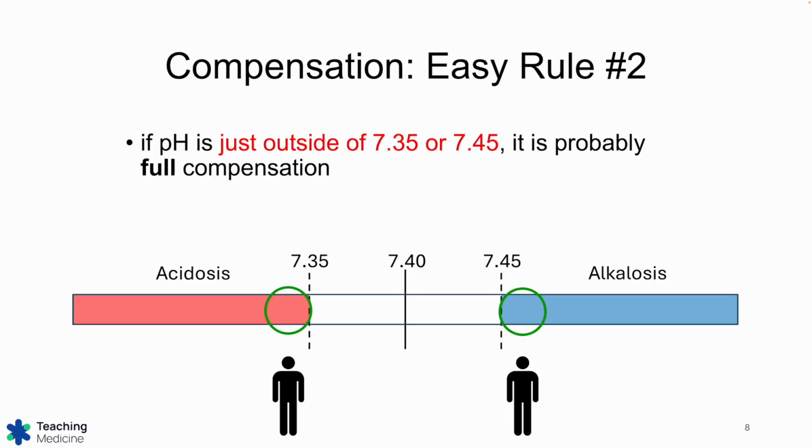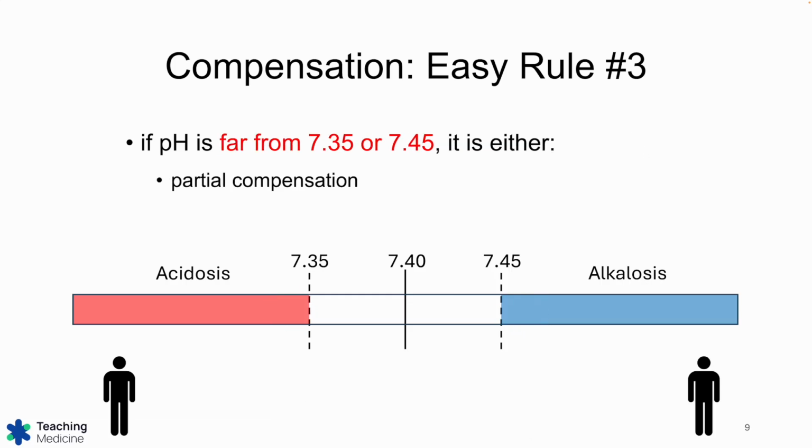Compensation, easy rule number two. If the pH is just outside of 7.35, so a little bit less than 7.35 or a little bit more than 7.45, it is probably full compensation. So assuming easy rule number one, that there's nothing normal and the pH is just a little bit abnormal, you probably have full compensation.